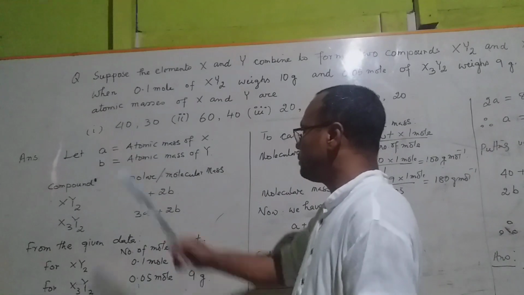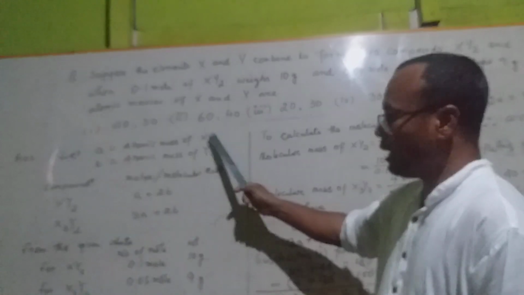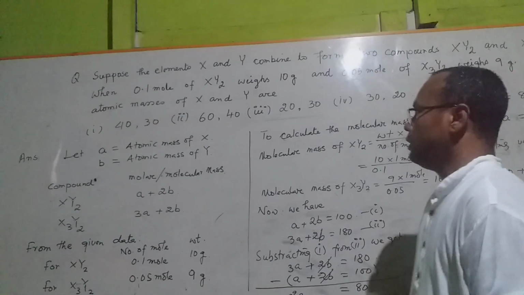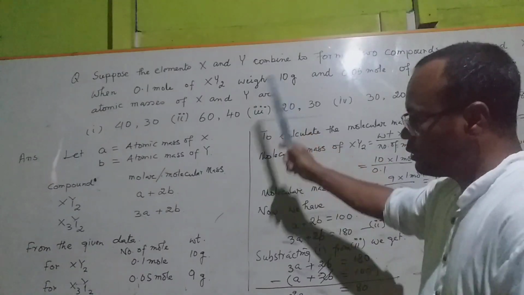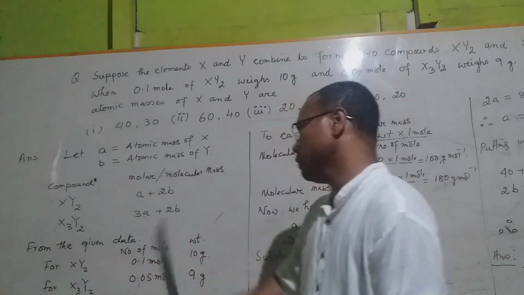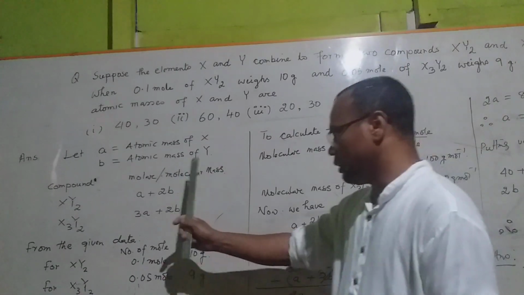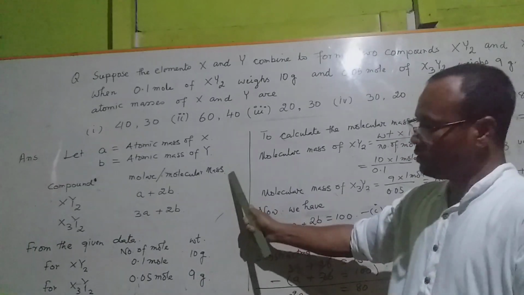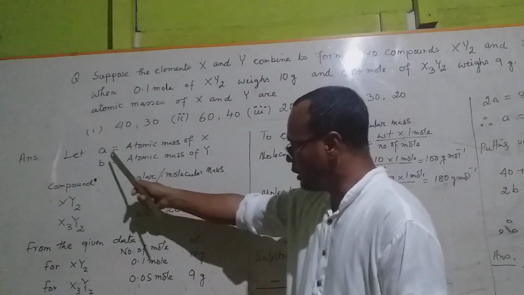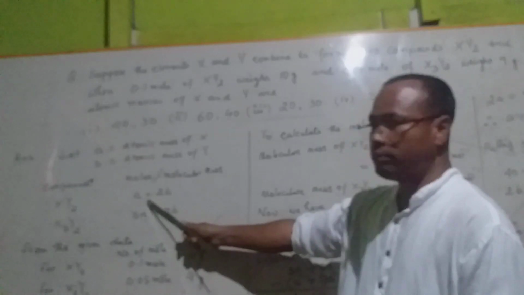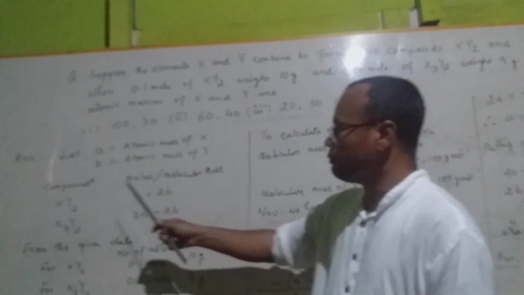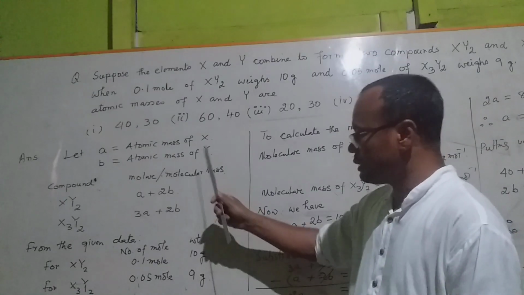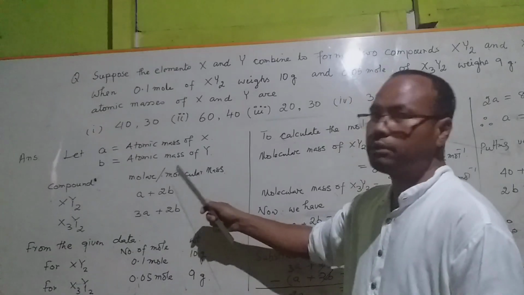Let A be the atomic mass of X and B be the atomic mass of Y. Here we have the compounds XY2 and X3Y2. How do we calculate the molar mass? The molar mass is the sum of the atomic masses.